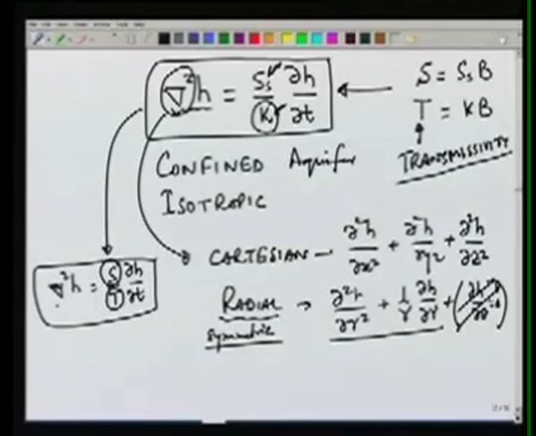Since this is a second order equation in space, first order in time, we need one initial condition and two boundary conditions to solve this equation.